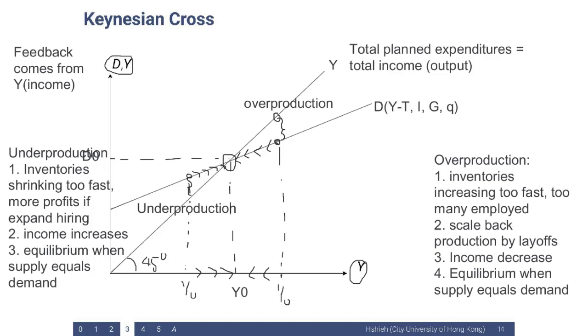So given a country's aggregate demand function, if it looks like this, once they produce enough to satisfy all demand, that's where production stops, right? People stop making things, companies stop hiring or firing people, and that's how much an economy produces. So I'll just write Y, why not, because it's a starting point, okay? And here you can write D naught.